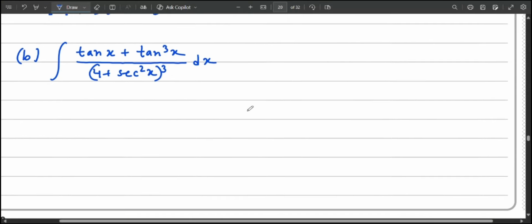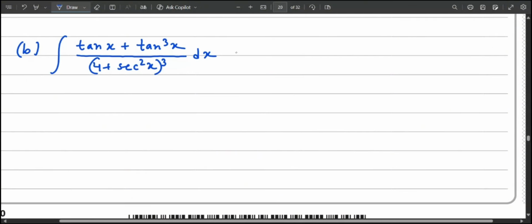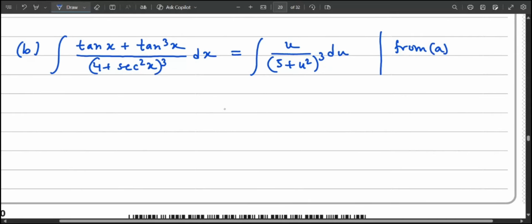As we have already simplified our expression using the substitution u equals 10x, we can just write it out here, and I can give the reference from part A. Now we can find the integration of this, and this will be equal to the integration of our expression.